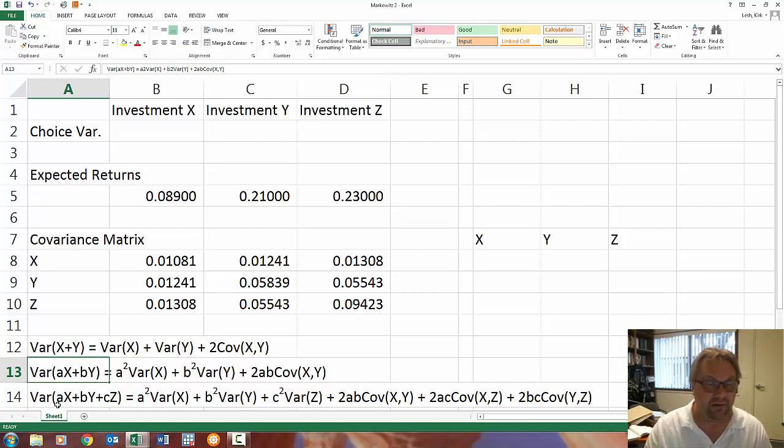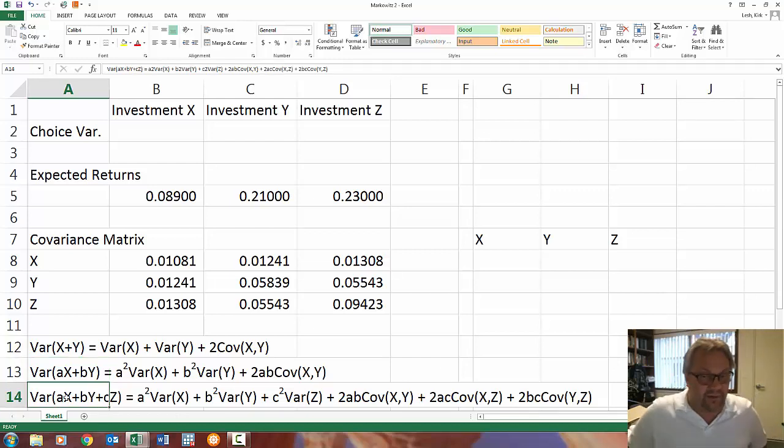And then finally, I wanted to show you this. This is the actual variance formula for our problem, because here I've now added investment Z. So again, A is going to be the percent invested in X, B invested in Y, C invested in Z. So I need to take a weighted average of my variances.